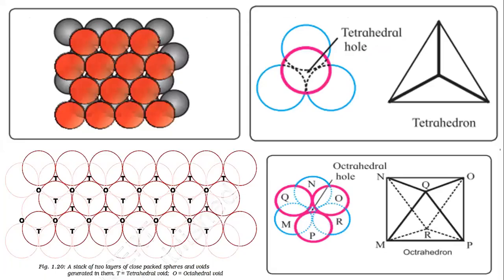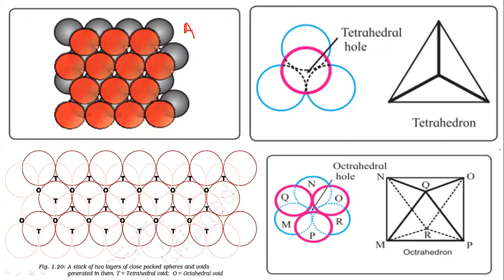See this diagram. This is a 3-dimensional hexagonal close pack structure. See carefully, because this is very difficult to understand. Tomorrow also I will explain, because only 1.5 minutes is remaining. I will try to explain. So this is the first layer. We can see this is A, this is A, this is A layer, which is shown with black color balls.